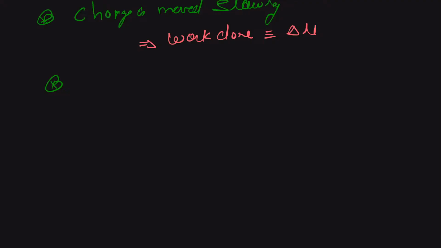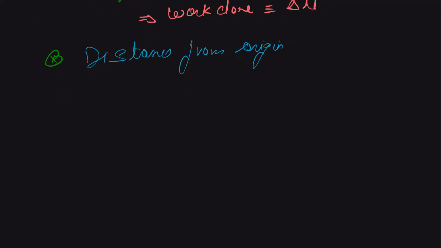We find our initial distance R1, which is the square root of 4 square plus 4 square plus 2 square, and this comes as 6.